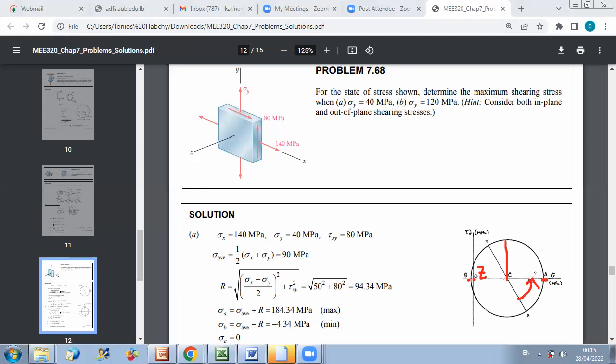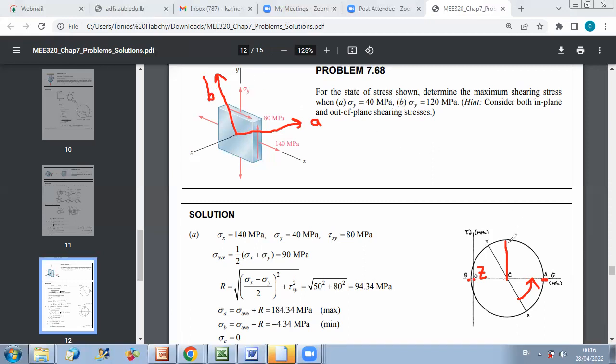So 2 theta p can be calculated from the Mohr circle, and we can deduce that we should rotate an angle theta p on the element to get the principal axes A and B. And these axes are in plane. They are in plane AB, and also the axes corresponding to maximum shear are in plane AB.